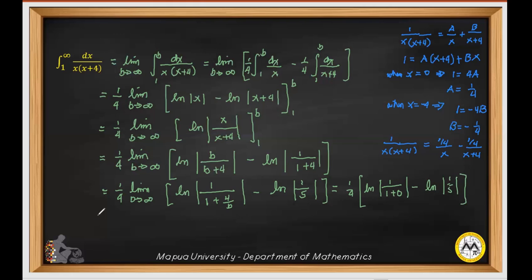And of course, we have 1 over 4 times, 1 over 1 is of course the natural logarithm of 1, minus the natural logarithm of 1 over 5.